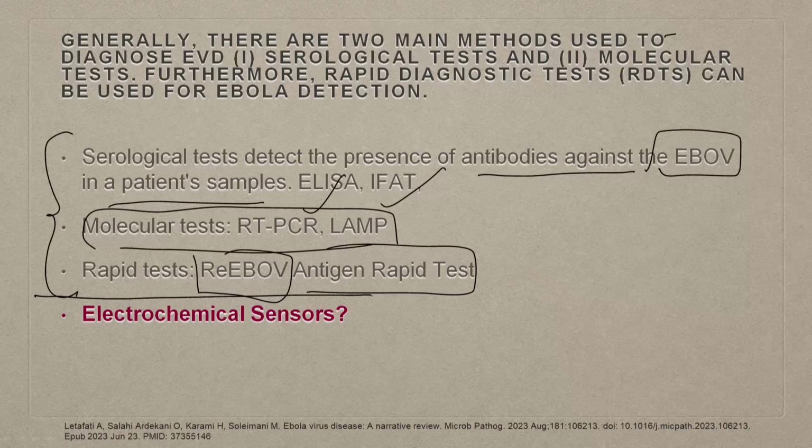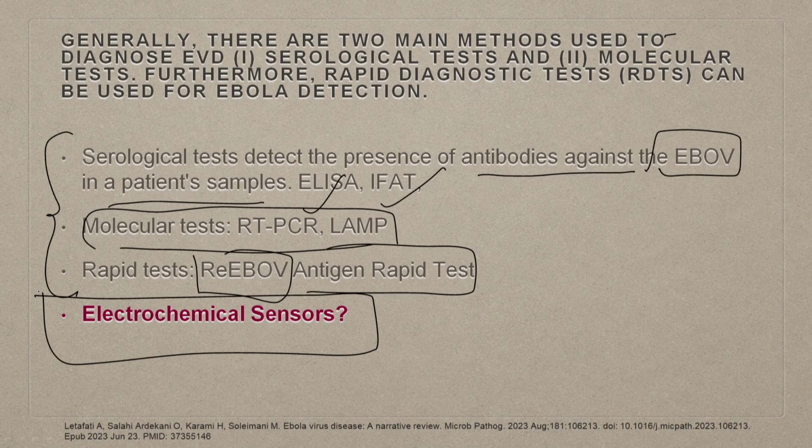The other sort of sensors that we will be discussing in this course, which are the most economical, do not need extremely sophisticated instrumentation and are very rapid and fast, are electrochemical sensors. And we will talk as we progress. By next week, we will definitely discuss some of these sensors which have been developed against Ebola.